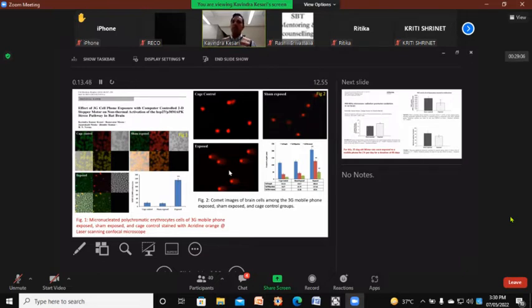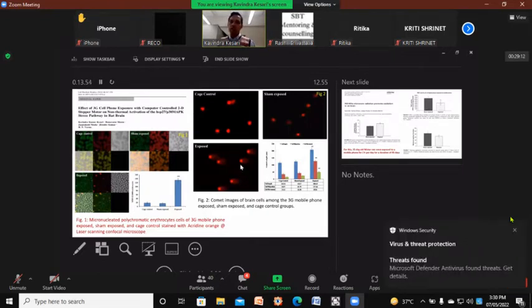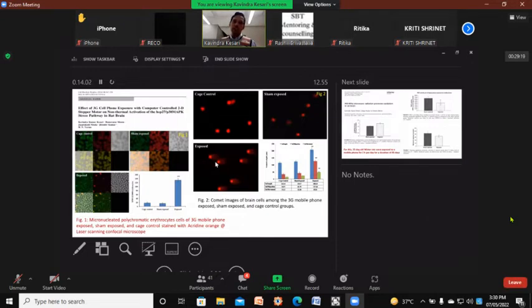And the DNA, what is the concept of the comet? If there is any damage, the DNA will come out from the cells, and what we do is take these cells and run them in electrophoresis, and this DNA starts migrating from the cells. So the comet shape that you are seeing here is the migration of the DNA from the cells to the other side.